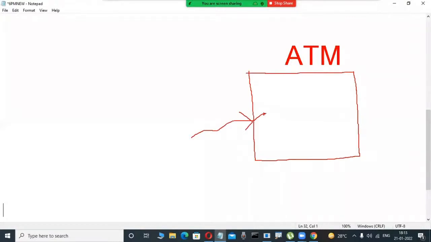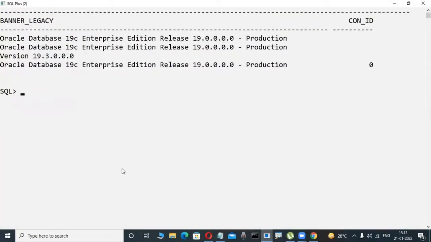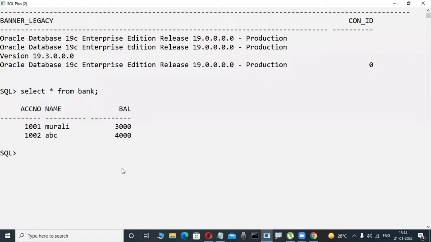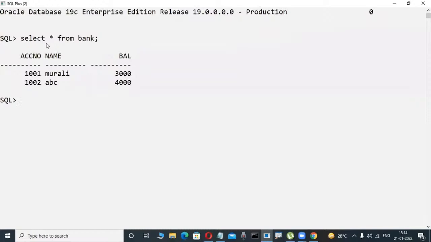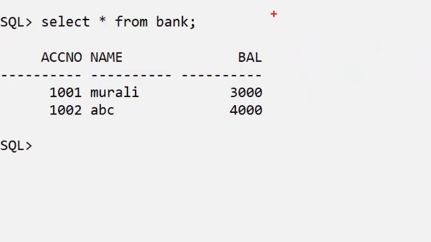Now check it out and observe the screen. Suppose in this database there is a bank table, for example. Just observe the scenario, which is very easy to understand. This is a bank table, and we store the data in table format.